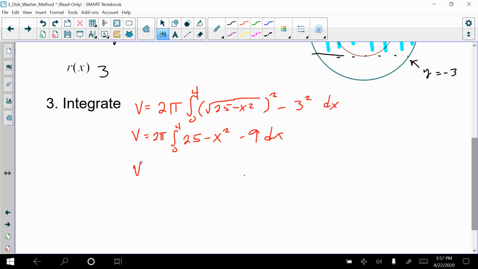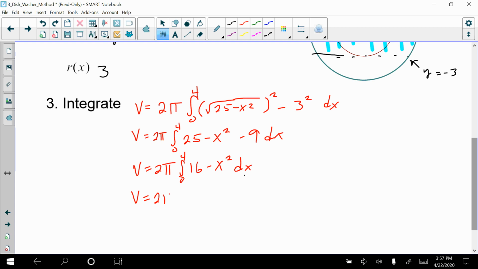Simplifying just a little bit more, we get our integral to be 16 minus x squared. At this point, we can take the antiderivative, I should say.